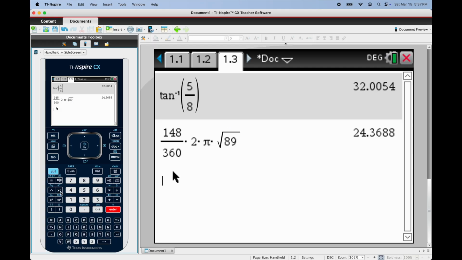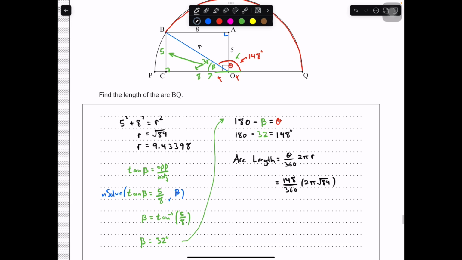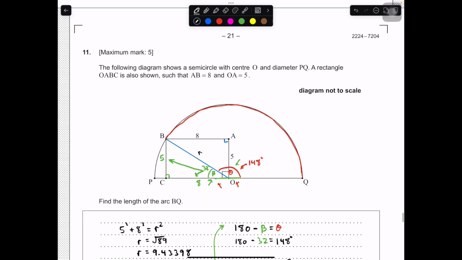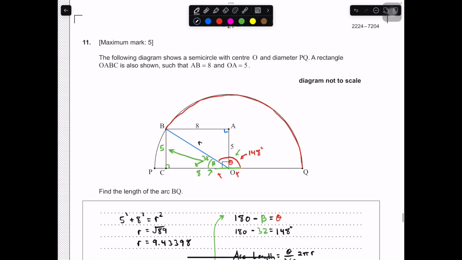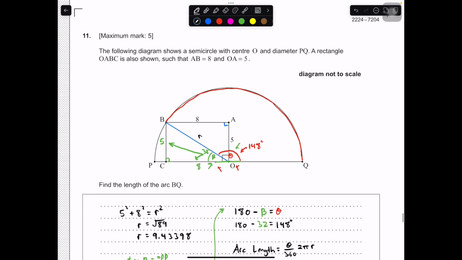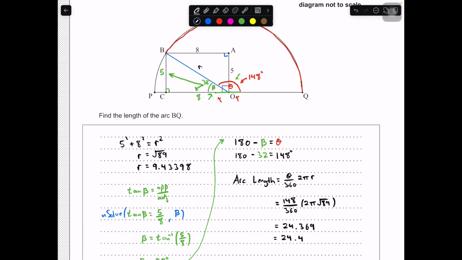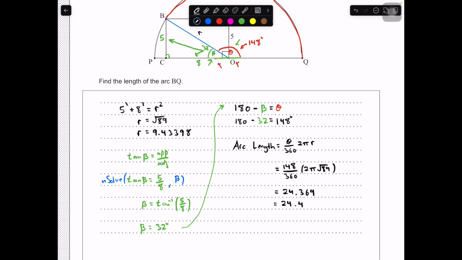And so our total arc length is 24.369. I'm going to write that out here. 24.369, or to 3 sig figs, 24.4. And what are our units again? The diameter of a circle, so the AB is, I guess it's just units. So 24.4 units is fine. All right, there we go.